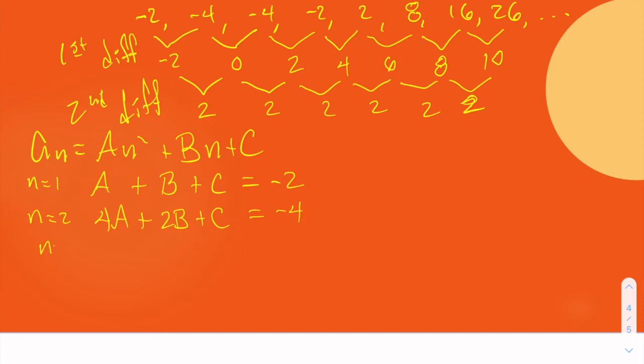And n equals 3 will yield 9A plus 3B plus C, and that's going to equal also negative 4. Okay, let's go ahead and name these. This is going to be equation 1, this is going to be equation 2, and this is going to be equation 3.